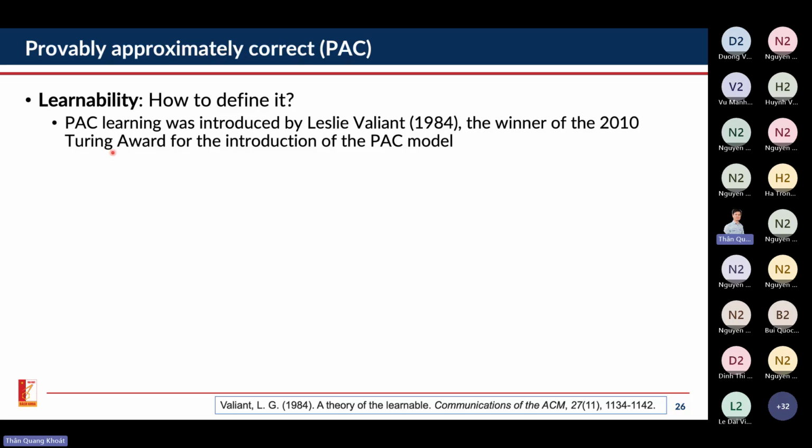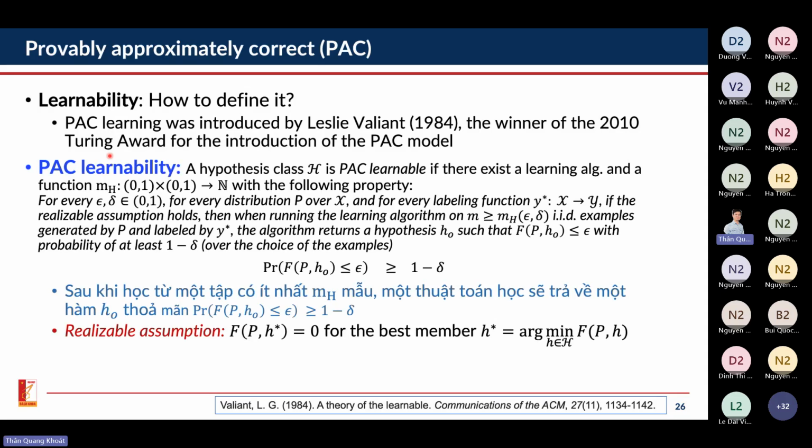You know that this award is considered to be the Nobel Prize in computer science. So in this model, he formalized what learnability is and how to define it very clearly.